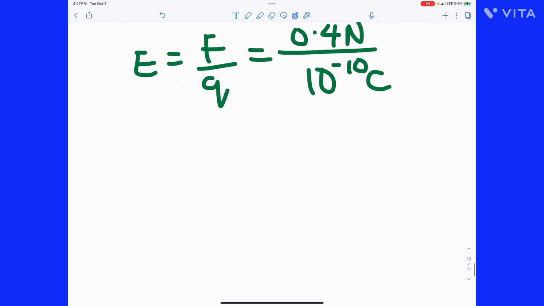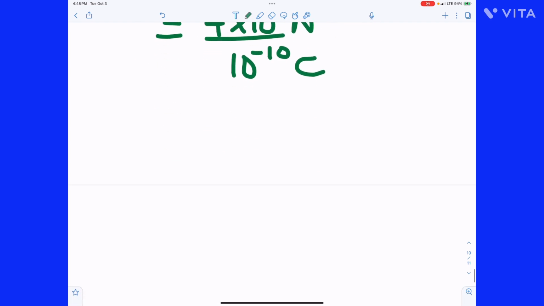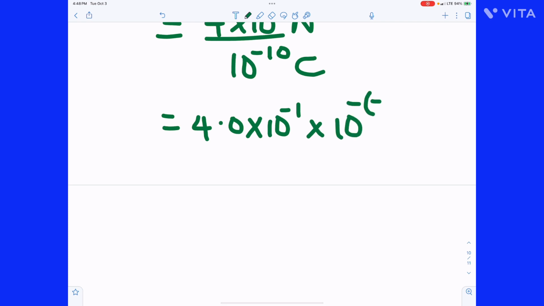I'm going to be really fast now because it's not our first time. So 0.4 newton is 4.0 times 10 raised to the power minus 1 newton, divided by 10 raised to the power minus 10 coulombs. I will simplify that. It's going to give me 4.0 times 10 raised to the power minus 1 times 10 raised to the power 10 newton per coulomb. Is that clear, senior?